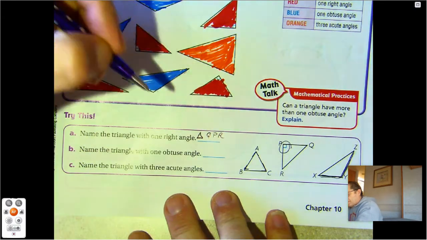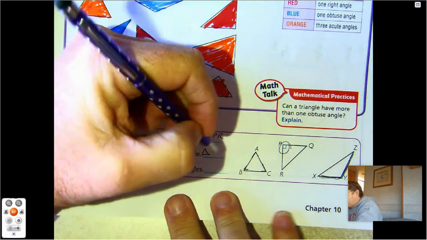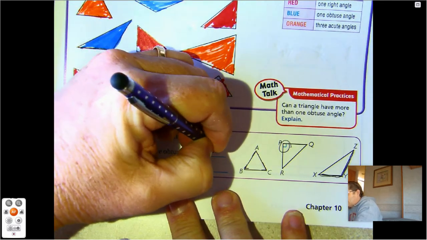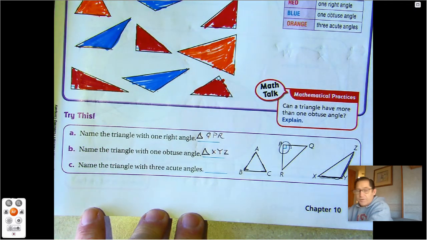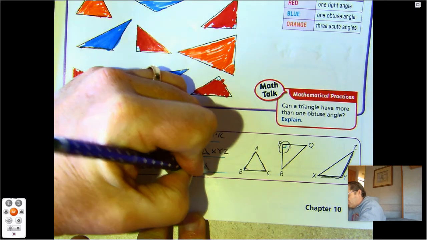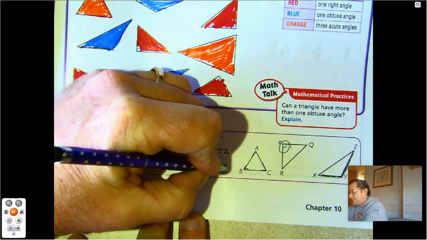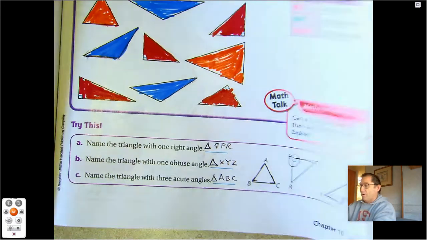So the triangle with one obtuse angle is XYZ. And name the triangle with three acute angles. That's this one right here. Triangle ABC.